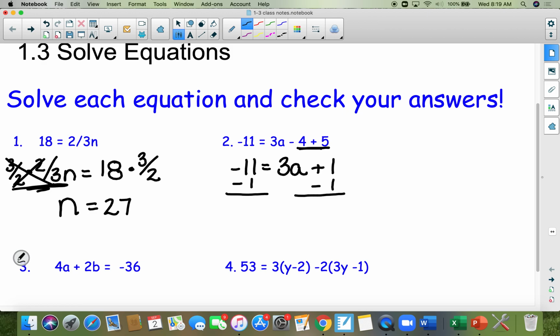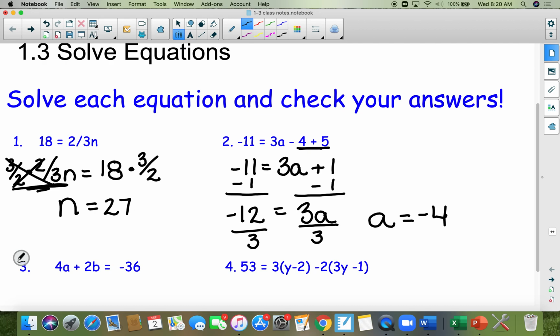I know some of you do it a little bit different, and Miss Medvick or whoever you had, Mr. Kohako for Algebra 1. You're going to have a 3a left on the right-hand side. You're going to have a negative 12 left on the left-hand side. How do you get rid of the 3 next to the a? By dividing by 3. I'm running out of room, but a is equal to negative 12 divided by 3, which is a negative 4.